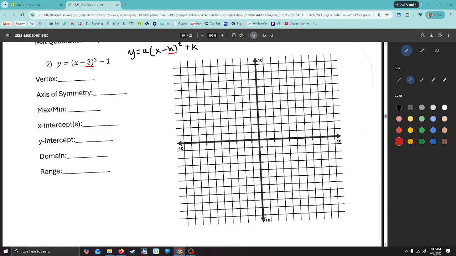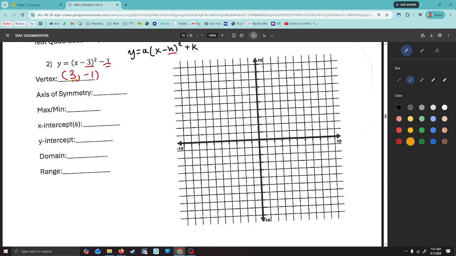I'm technically plugging in +3, so it stays -3. If I plug in -3, it would become positive, x plus 3. So for the vertex, always flip the h value. In this case, instead of -3, it's +3. The k value stays the same, -1.